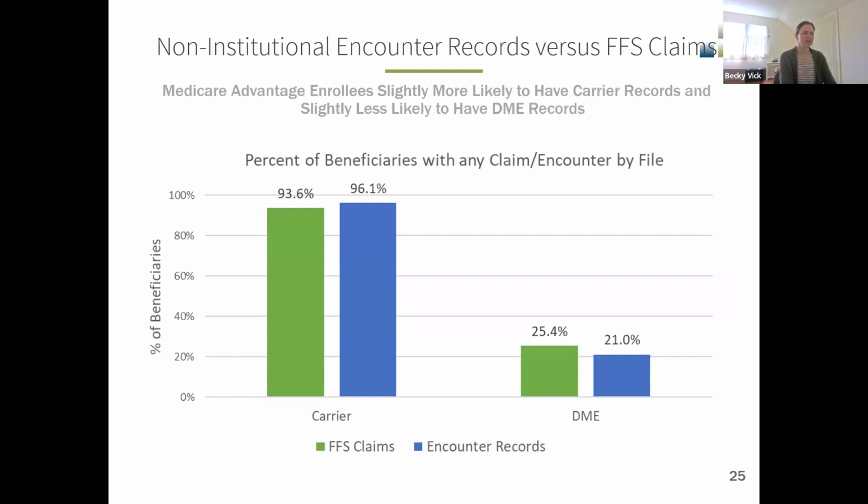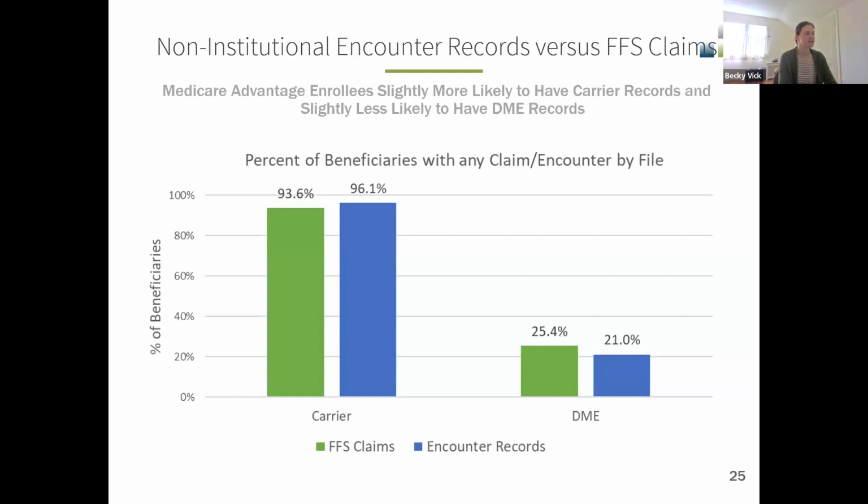So here we're going to go into some comparisons we made between fee-for-service and Encounter records, starting with the percent of beneficiaries having any claim or Encounter by file. On the left is the carrier file, and that will contain your physician claims and some other categories, but mainly physician claims.